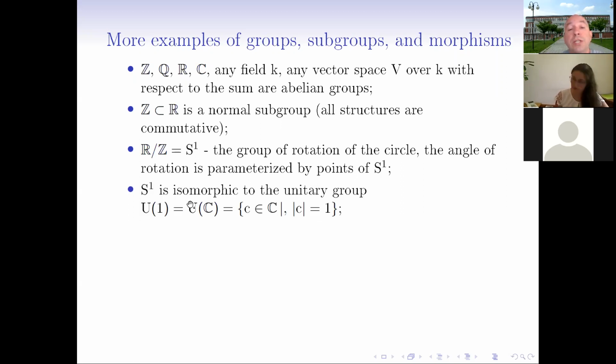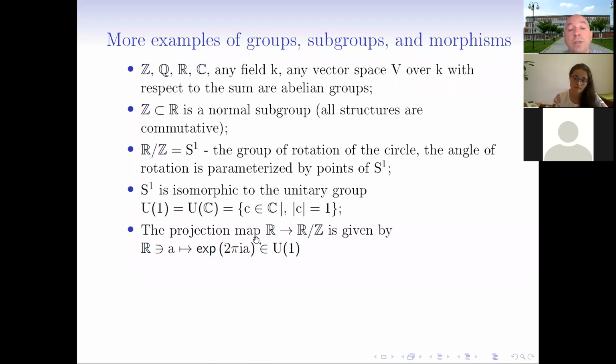S1, the group of rotations of the circle, is isomorphic to the unitary group U(1) of a one-dimensional complex Hermitian space with the standard product. And this is the same as the set of complex numbers with absolute value equal to 1. So if you represent S1 as above, as the set of unitary elements in C, then the projection map from R to R over Z is given by the following map.